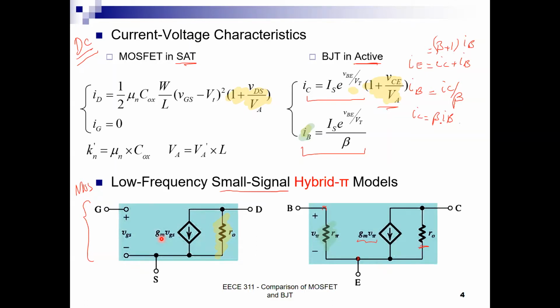Alright, okay, so هلا هيدول ال characteristics عندهم values GM و RO للمصفت وللبي جي تي، وهول values نحن we need to find how we derive them from the above quantities اللي هن DC operating points. So let us see what we learn about them. Okay, thank you, Tofi. I will do that.